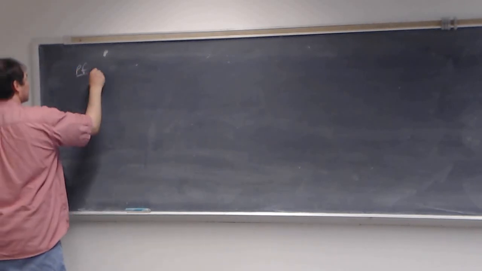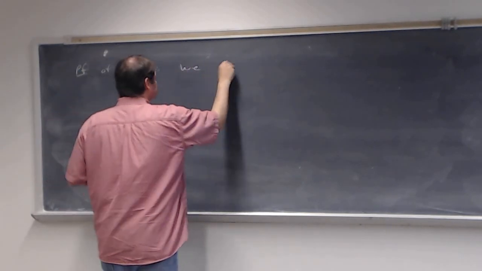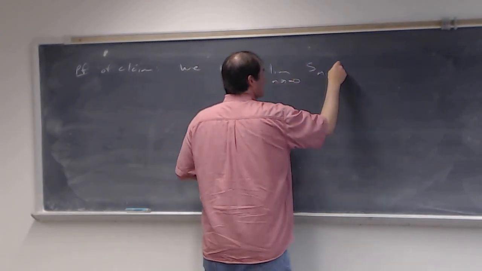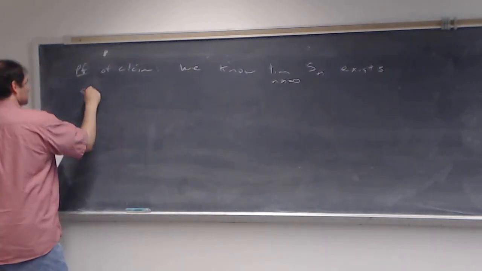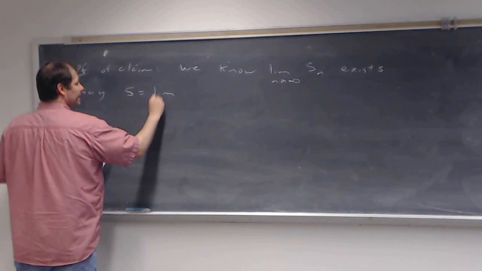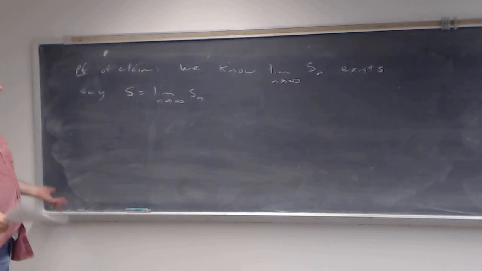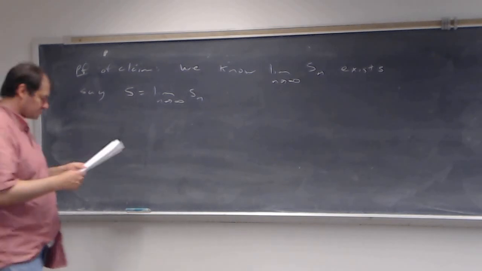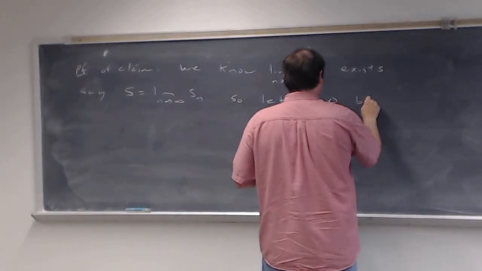Proof of claim. Well, we know the limit as n goes to infinity of S of n exists. Let's call it s, equal to the limit as n goes to infinity of S of n. I know this exists because the original sequence converges, because it converges absolutely. So let epsilon be greater than 0 be given.